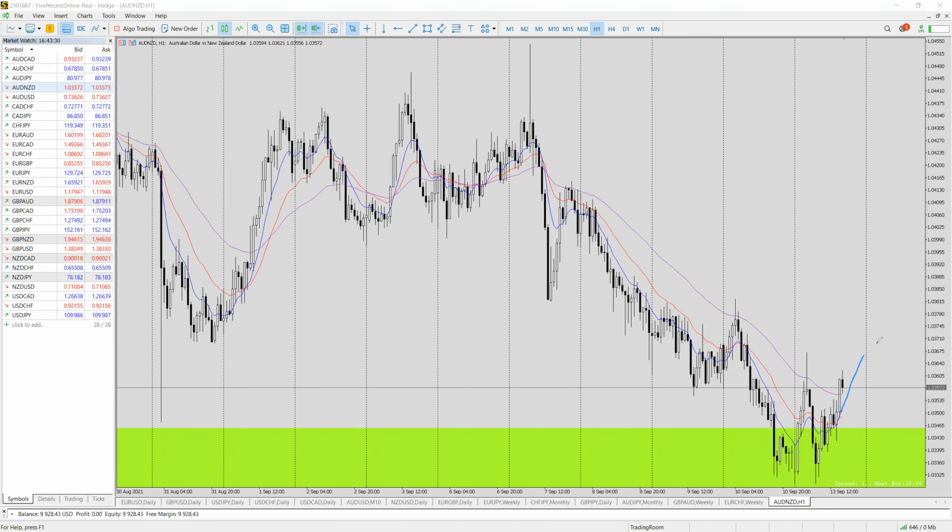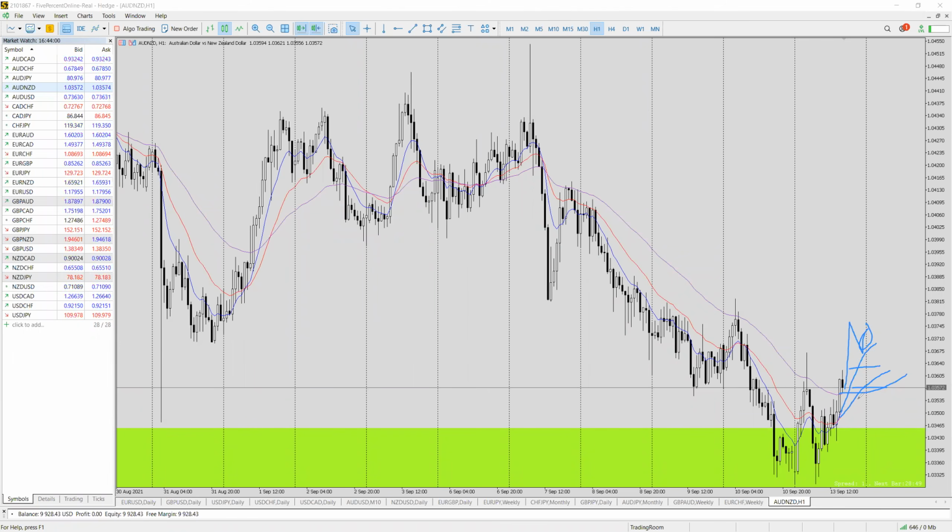So let's say the moving averages reverse. Okay, we have something like this. They start going, the short moving average, and let's say the price starts going up and then down, testing the short moving average and starting to move up, then this could be an entry point with a stop loss below the short moving average or below the medium moving average.